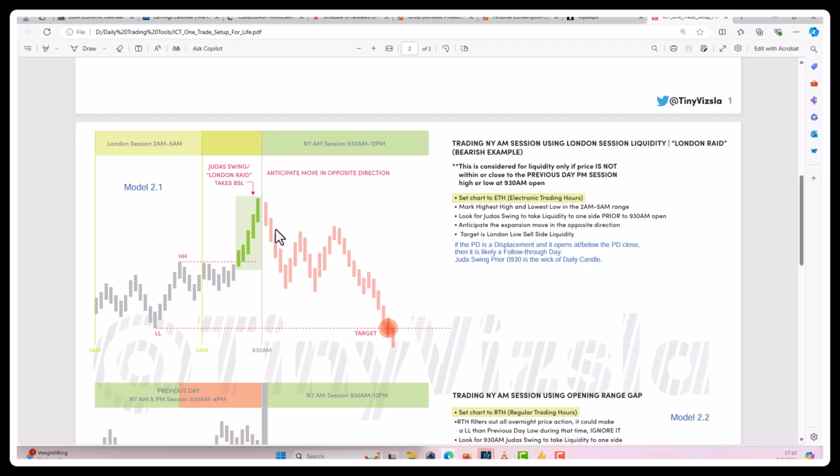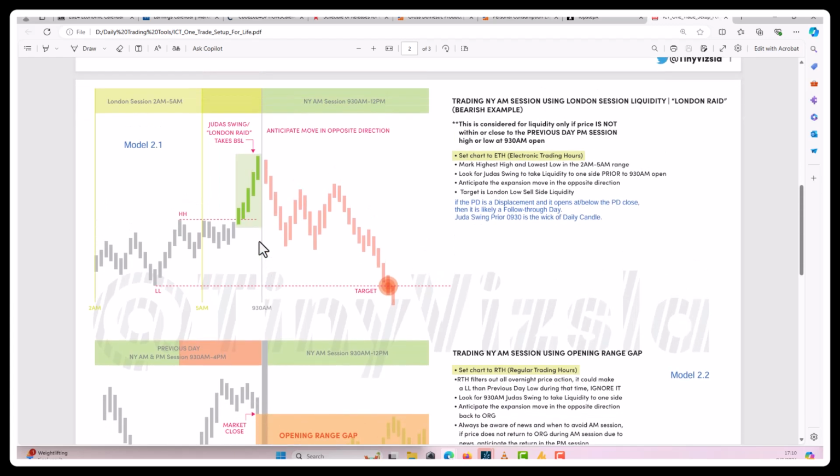This setup played out very well yesterday. Yesterday, exactly what happened.